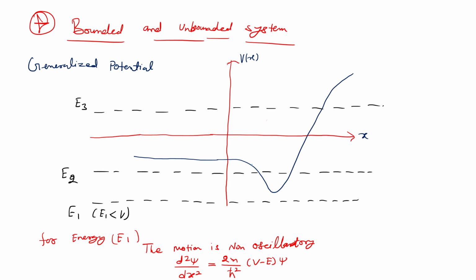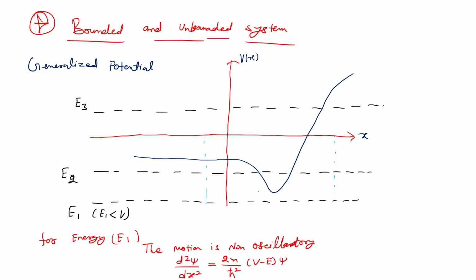Okay, very important. So if I take a point, suppose here, here and here, just for example, this will not make much difference, because in all these cases the potential is greater than the energy value.